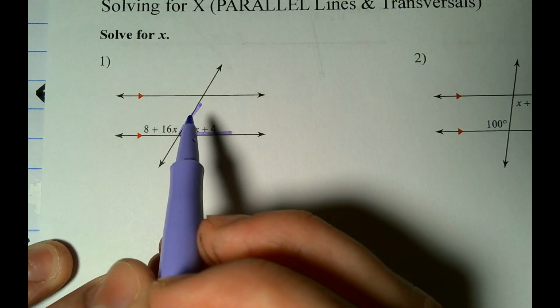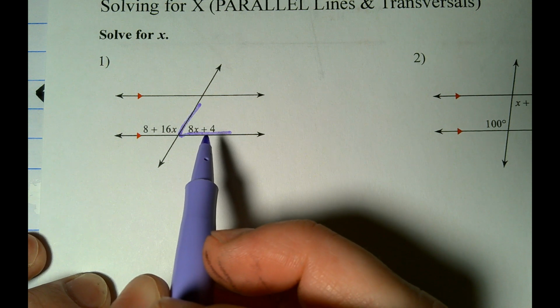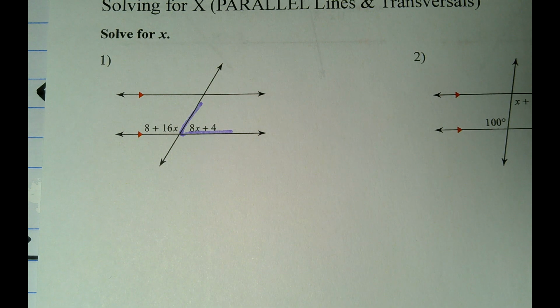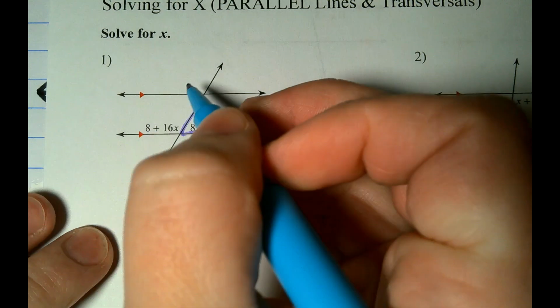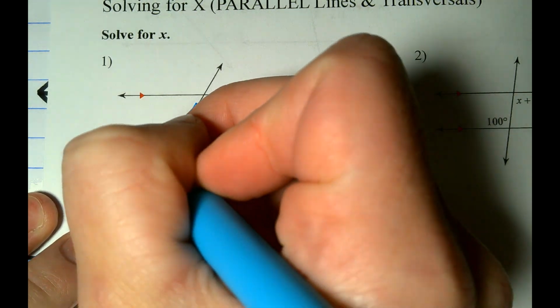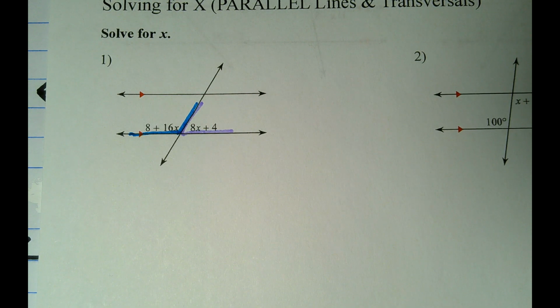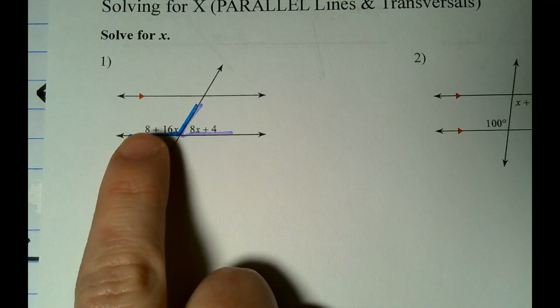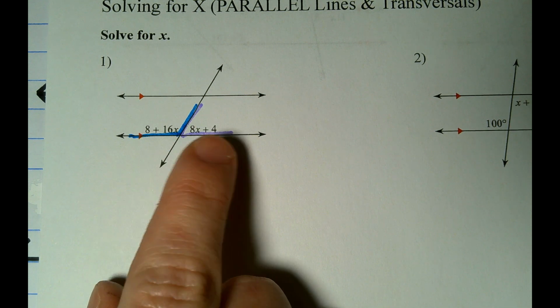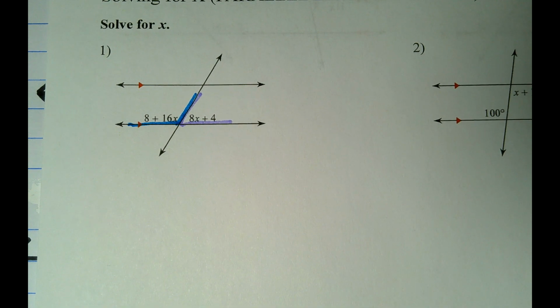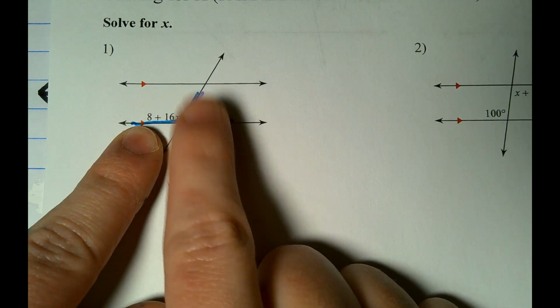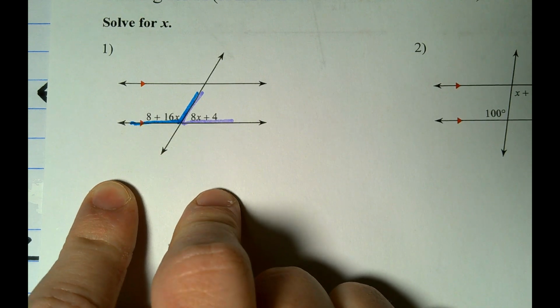This angle that is 8x plus 4, and the other angle is 8 plus 16x. How are these angles related to each other? Are they equal to each other? No. Do they add up to something? They add up to 180 degrees. So I know that the blue angle plus the purple angle equals 180 degrees.